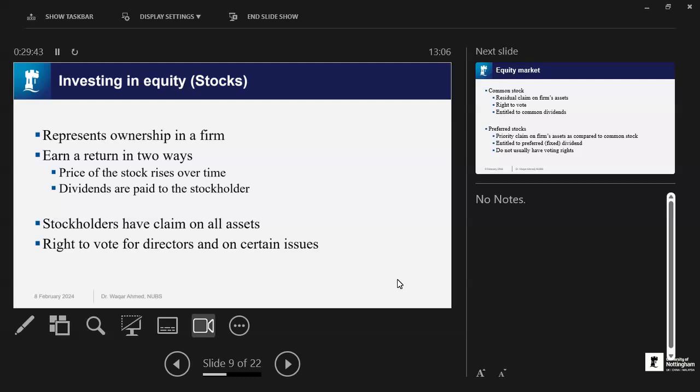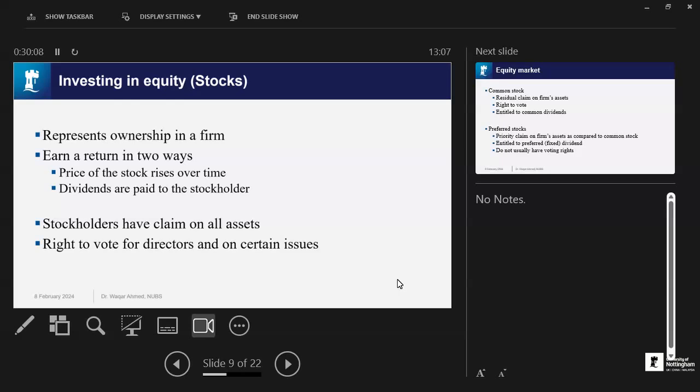Stockholders have a claim on all assets of the firm because they are essentially owners of the firm. And because they are owners, they have the right to make decisions with respect to the firm.